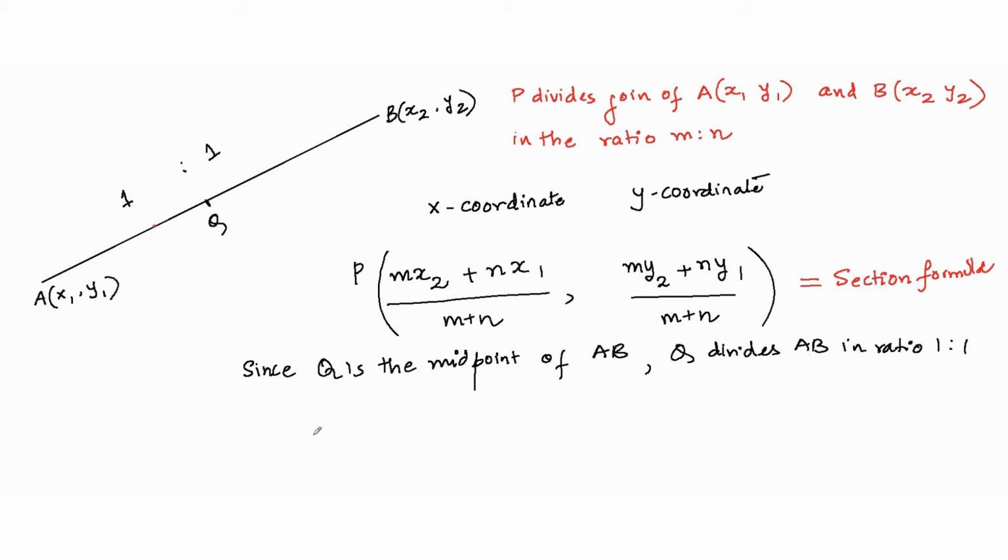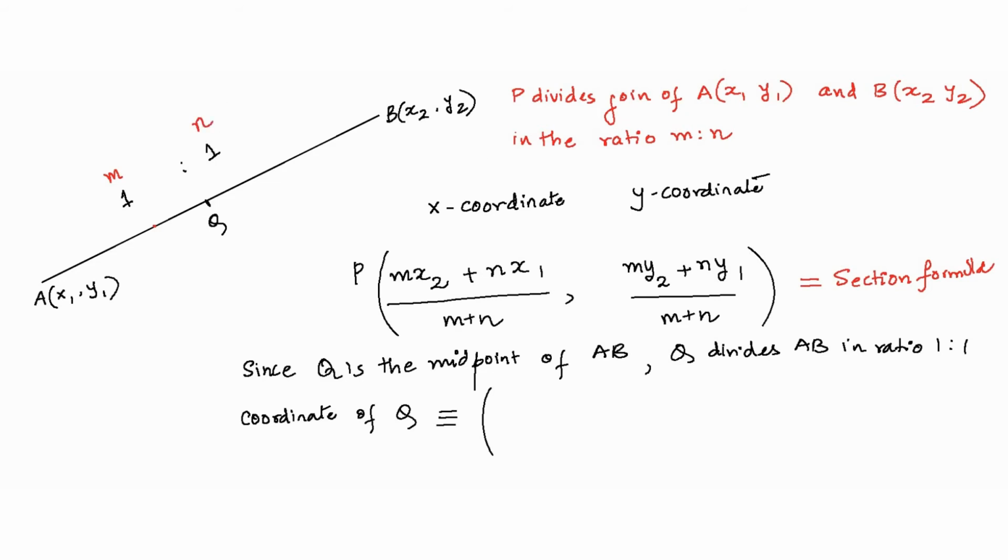And therefore I can find the coordinate of Q. Now instead of m I have 1, so I can substitute m as 1, and instead of n also I have the value 1.